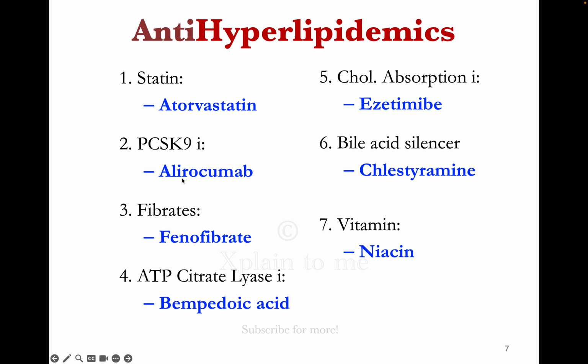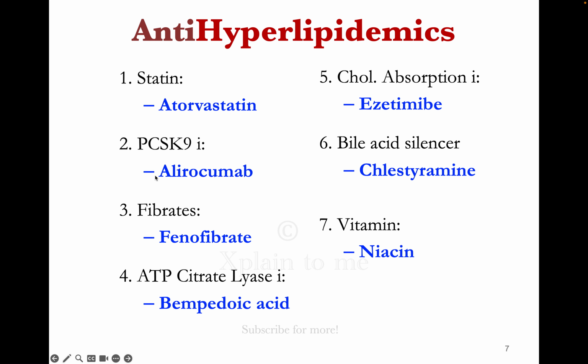Keep in mind, alirocumab is a well-tolerated drug. The only problem is that this is a recent class, so it is very expensive. It is about $15 to $20 per day you need to spend to use this. But one thing is it has very easy administration.